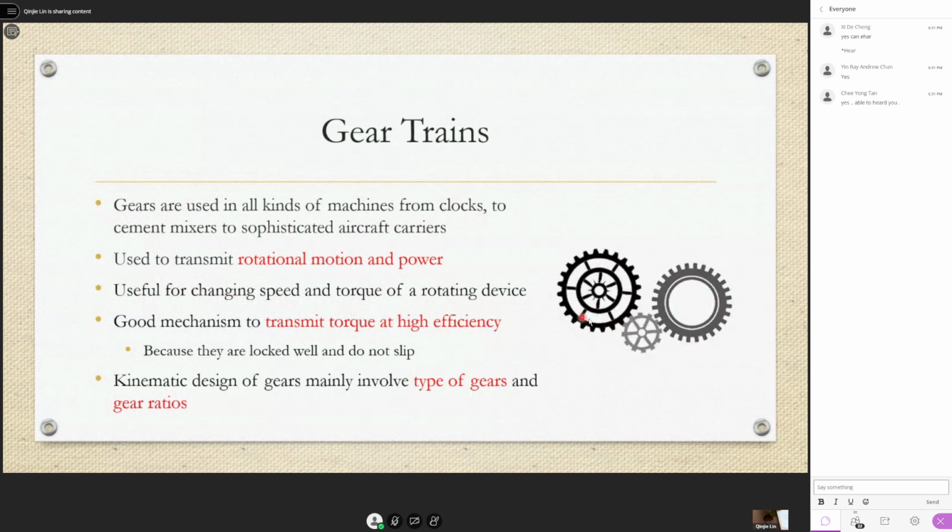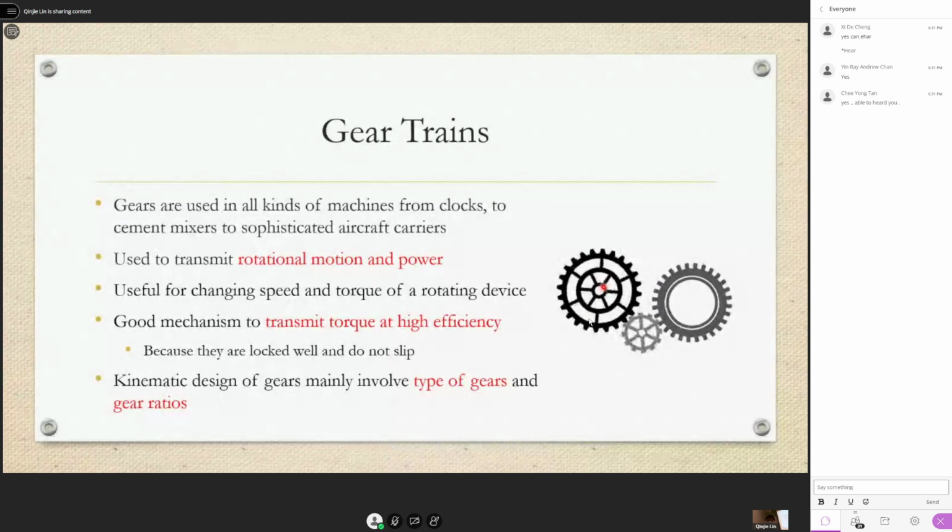Because you see the gears, they are circular. Imagine the first gear has a certain angular velocity, it's rotating at a certain speed. But you have a smaller or bigger gear. In this case, it's a smaller gear that is attached to the first one.